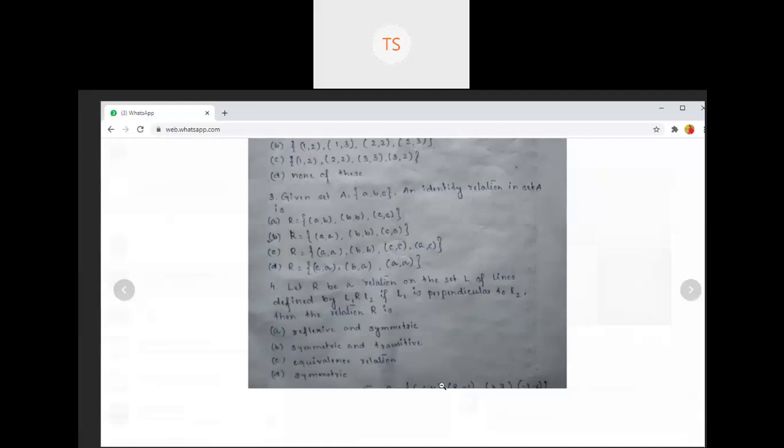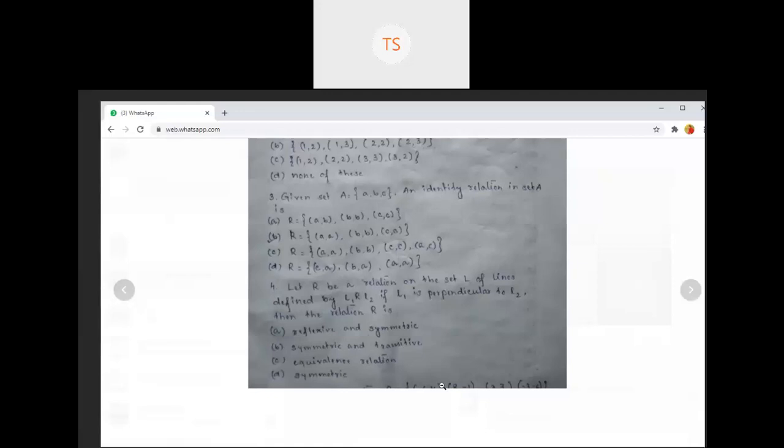If two lines are perpendicular, can you say that they are reflexive? That means L1 is perpendicular to L1. Is any line perpendicular to itself? No. So reflexive is gone.